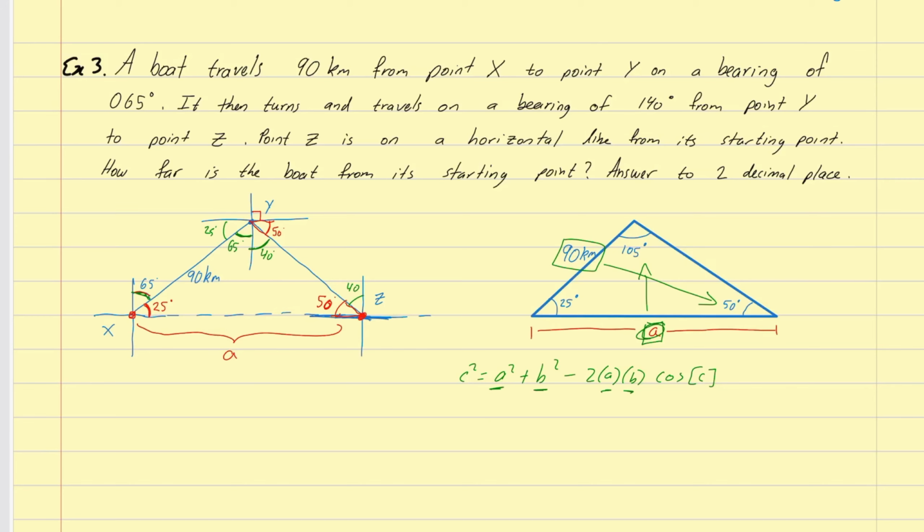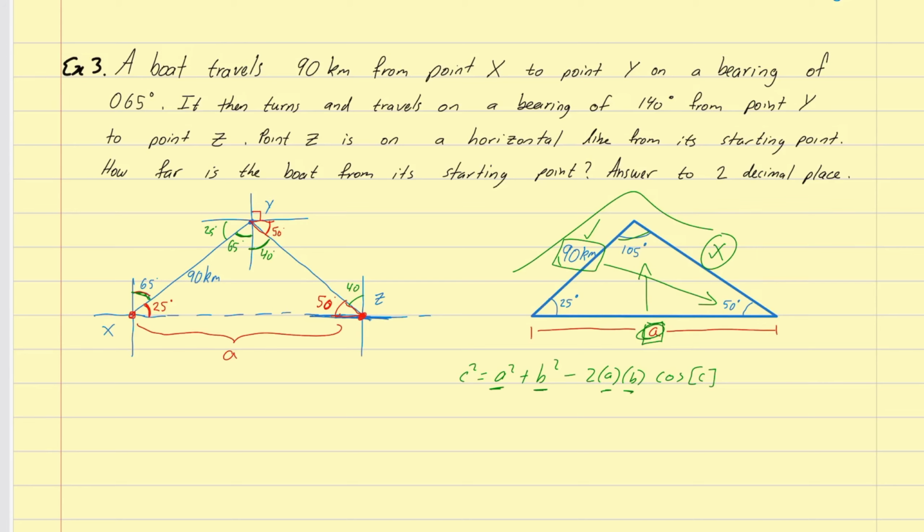I have this side there, but I also need to know this side over here, and that's what I don't have. As soon as I realize that I don't have that special trio, the side, angle, and then the side, I'm unable to use the cos rule.